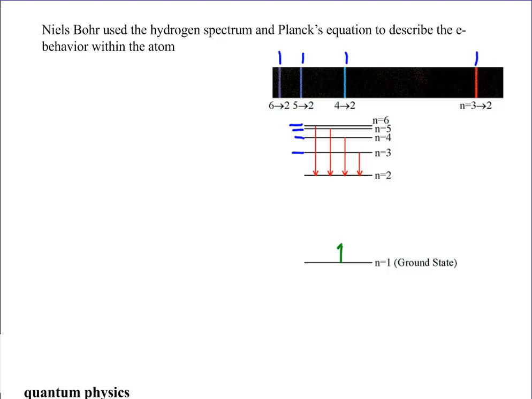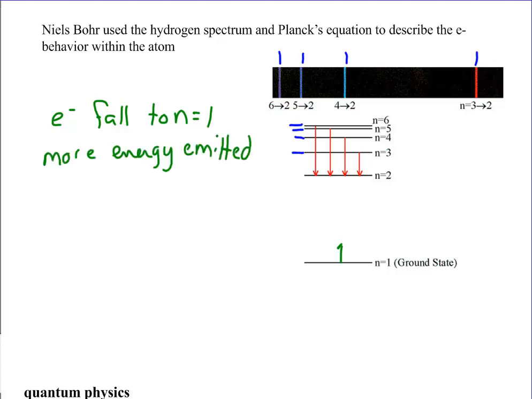And the electrons do eventually fall there. But in this case, if I want to see the bright lines, they will stop at n equals 2. So when the electrons fall to n equals 1, more energy is given off. And what this does is it takes the spectrum from the visible up to the ultraviolet.